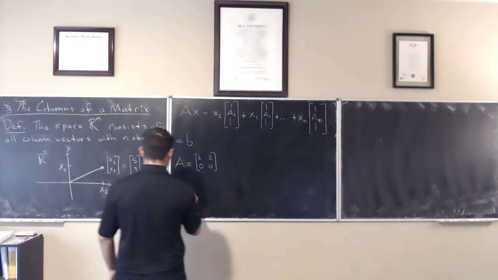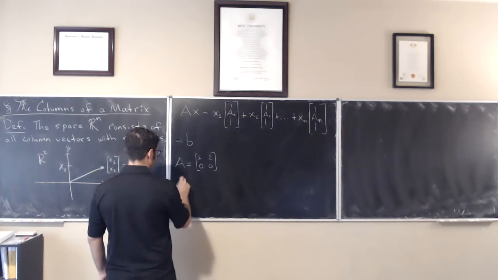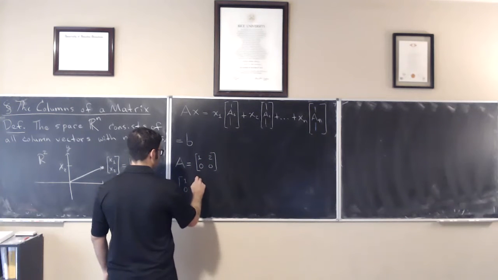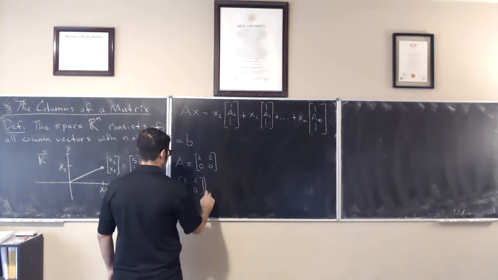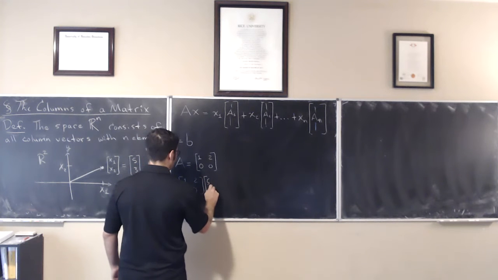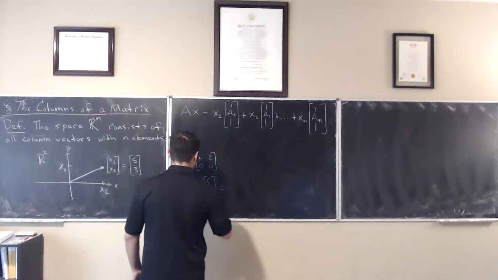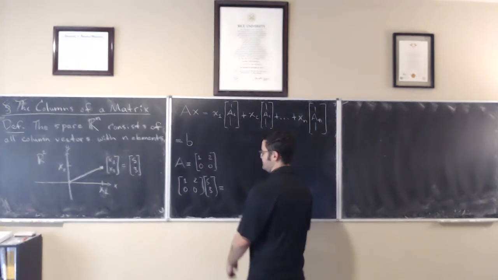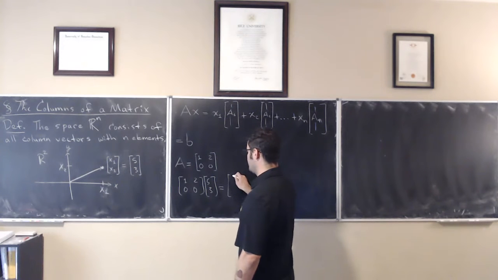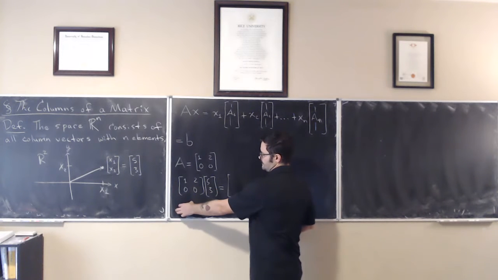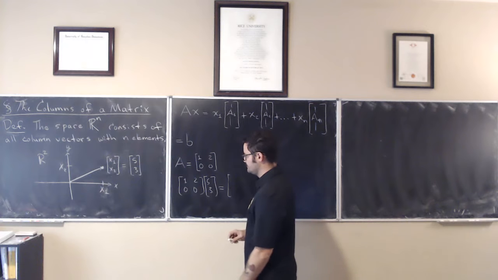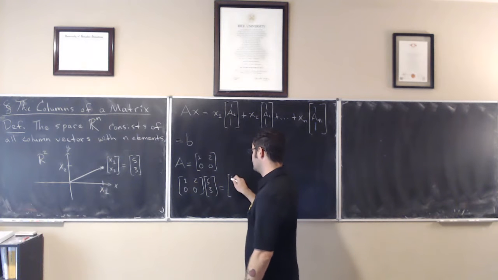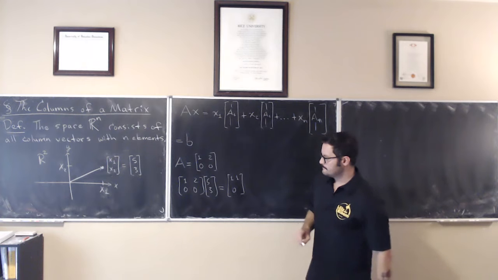Well, let's see. 1, 0, 2, 0 times 5, 3. This is just going to be the vector, what? 5 times this column plus 3 times this column. So it'll be 11, 0.